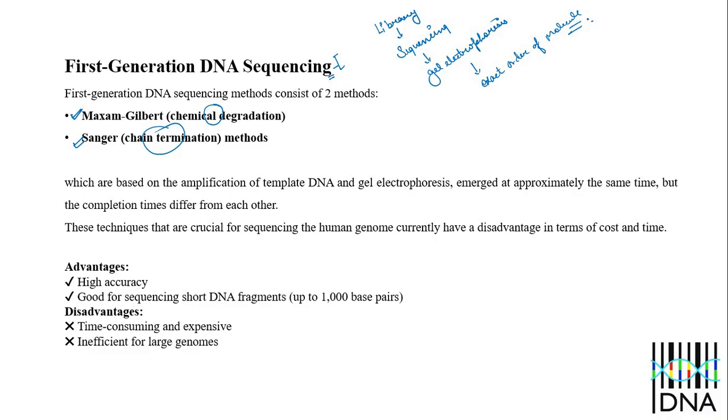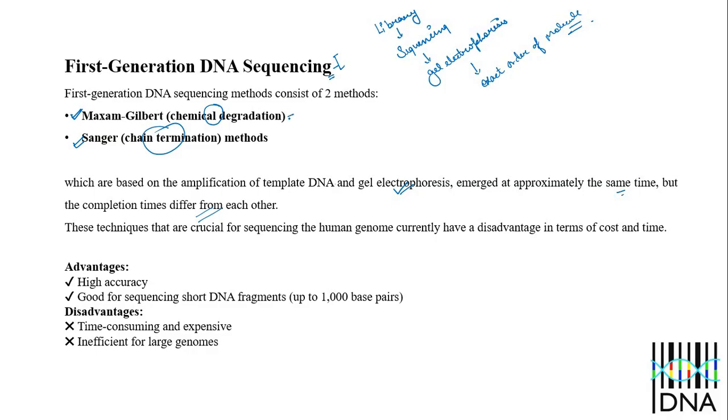Amplification of the template DNA and gel electrophoresis emerged at approximately the same time, but the completion time is different. This technology has lots of advantages as well as some disadvantages.